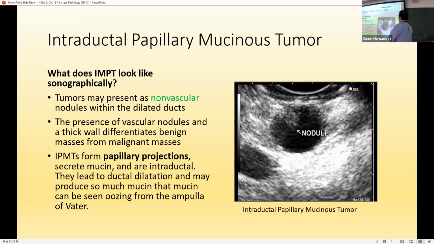Intraductal papillary mucinous tumors arise from papillary projections that secrete mucin and are within the ducts. Because they're growing within the ducts, they will obstruct and block that drainage, which leads to dilatation of the ducts. So much so that mucin can be seen oozing from the ampulla of Vater.